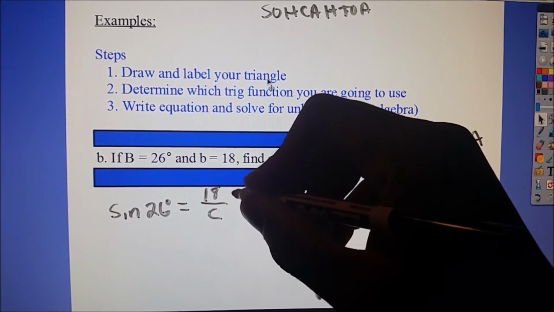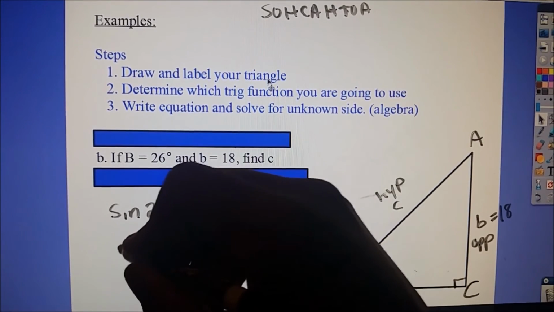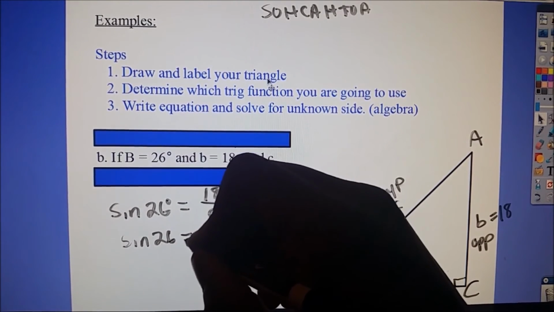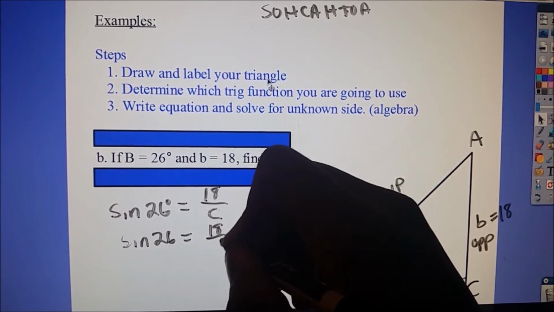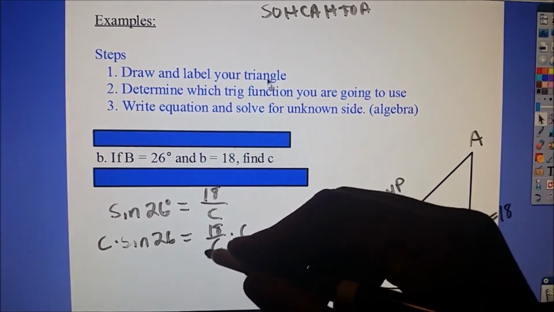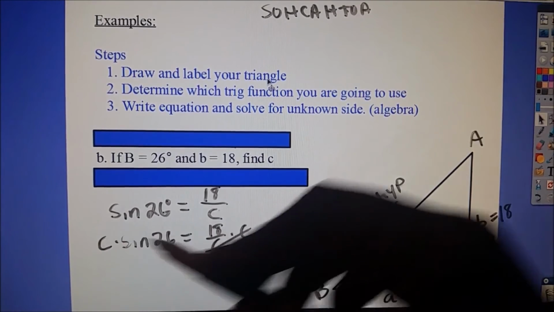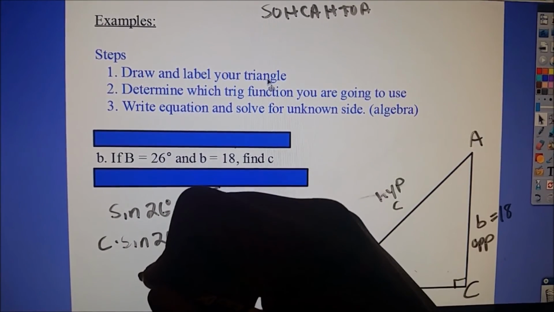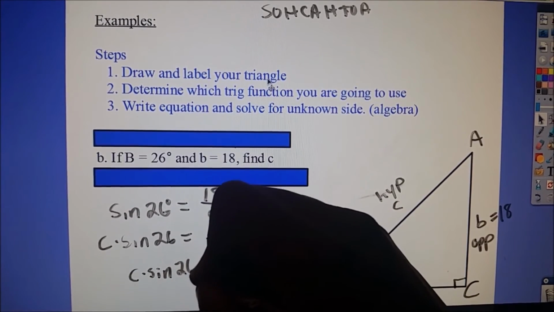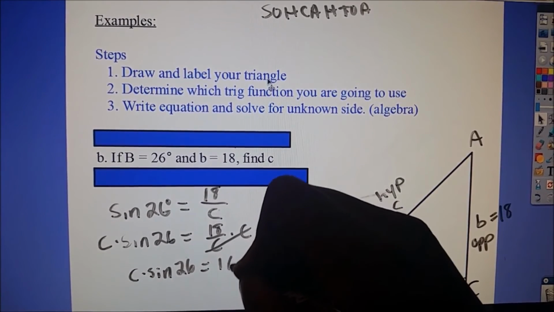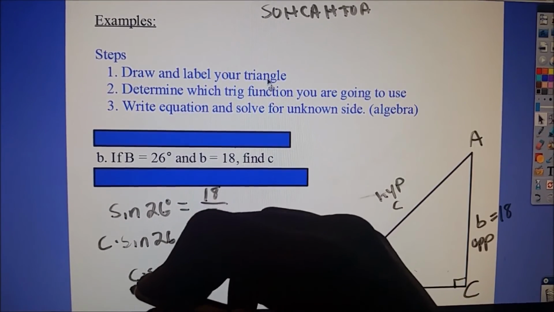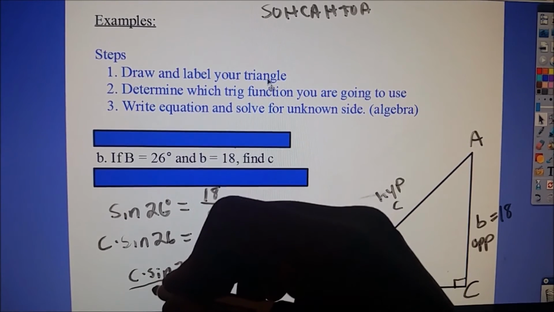So that's our equation. And I always like to rewrite everything to show my change. I have 18 over c times c, and whatever I do to one side, I have to do to the other. That cancels, and I'm left with c times sine of 26 is equal to 18. Then I have to divide by sine of 26.